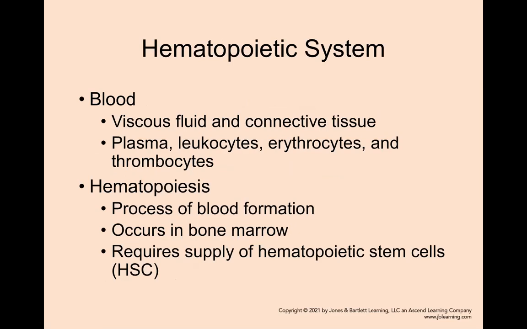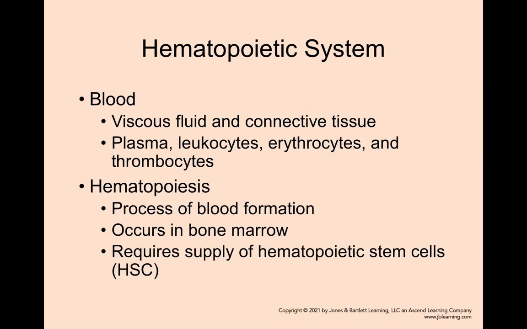Talking a little bit more about blood specifically, it's a viscous fluid, and it's interesting, I think, that it's a connective tissue, again, because it's doing so many different functions. And that's the breakdown: the plasma, the leukocytes, erythrocytes, and thrombocytes that we just talked about.